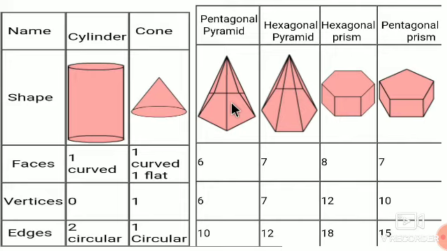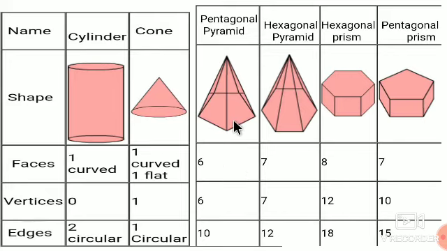It is very easy to remember. As the shape is pentagonal, then 5 standing faces plus 1 bottom face. Correct? So 5 plus 1, 6 will come here.